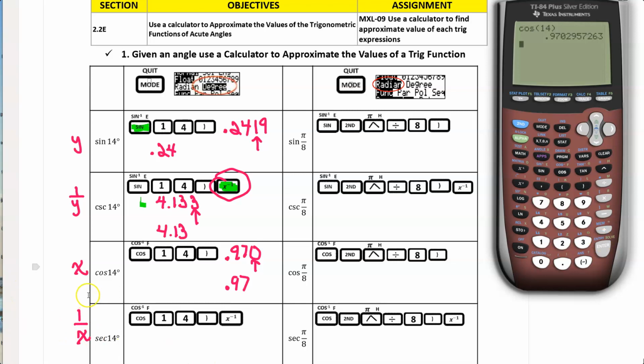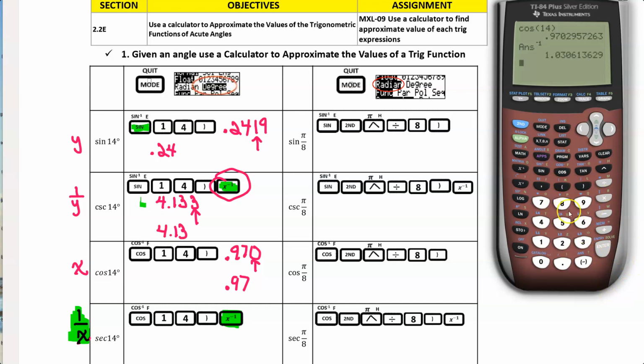Now to do the secant is going to be the exact same keystrokes. At the very end, I'm going to say do the reciprocal. That takes the answer and it flips it. It finds its reciprocal. We've already done cosine. It's already up on my screen, so I can just hit reciprocal, enter.